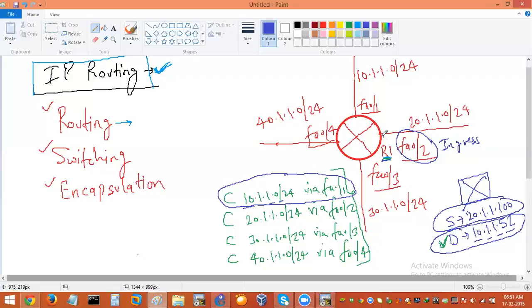That means this router is going to receive the packet on FA0/2, and that packet would be forwarded out of the FA0/1 interface, which we call the egress interface, or the outgoing interface for the packet. Okay, did you understand, everyone?